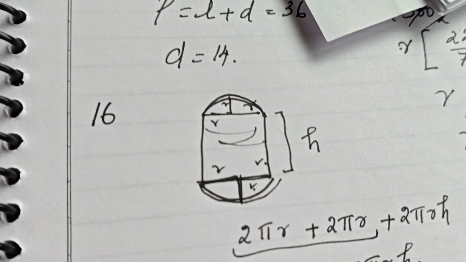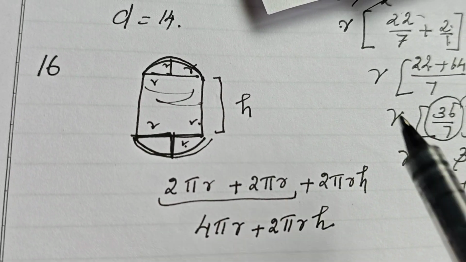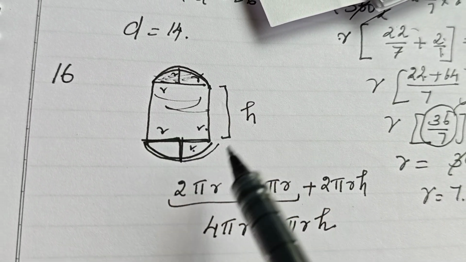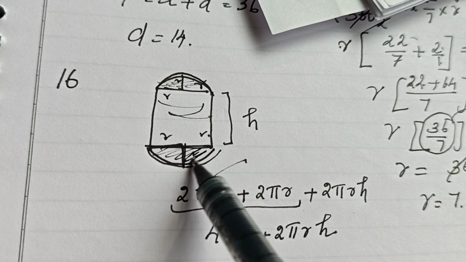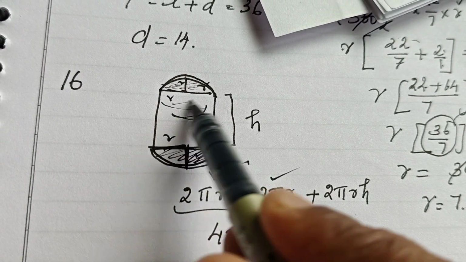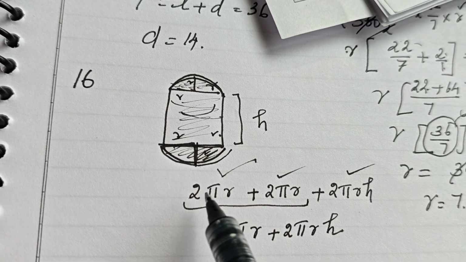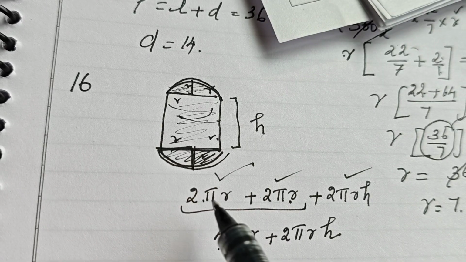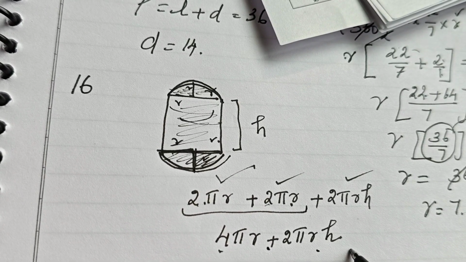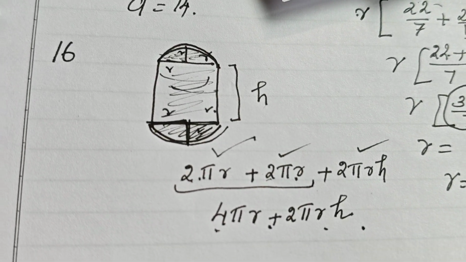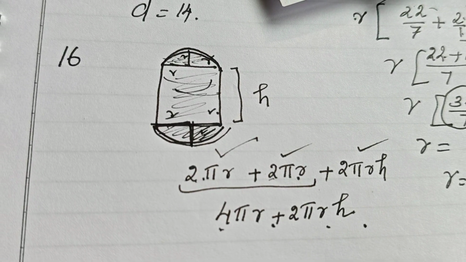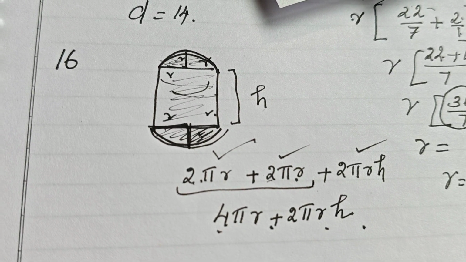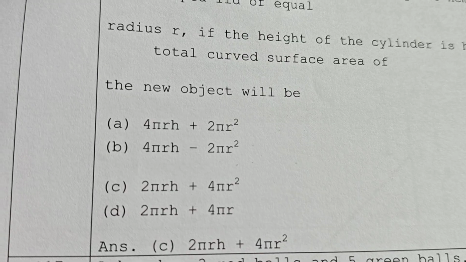We see our options. This portion is 2 pi r square, this portion is 2 pi r square, this CSA is 2 pi r h. As the two are like terms, I have written 2 plus 2, 4 pi r square plus 2 pi r h. We can further simplify that, but we will check what options are given in 16. Accordingly, we have to choose the answer.